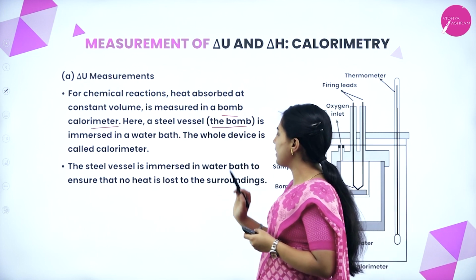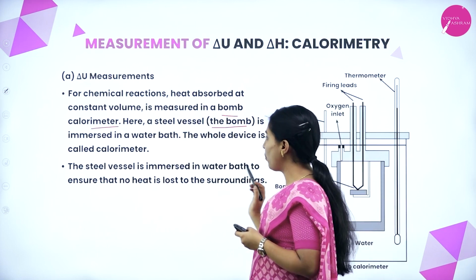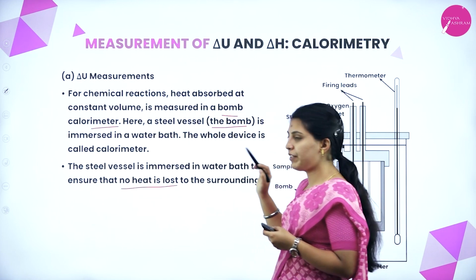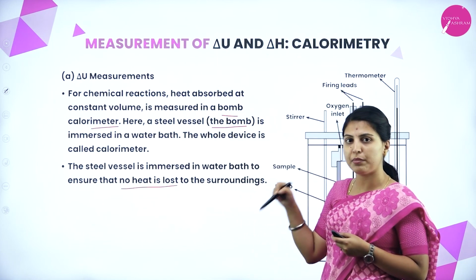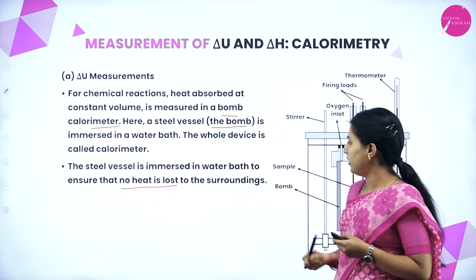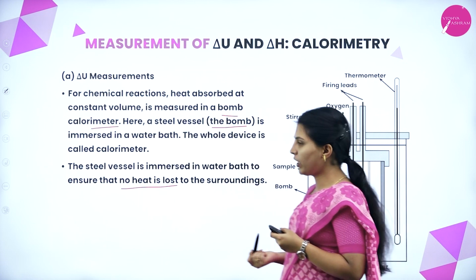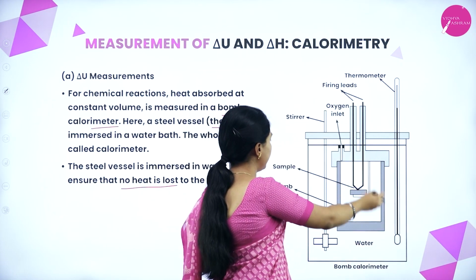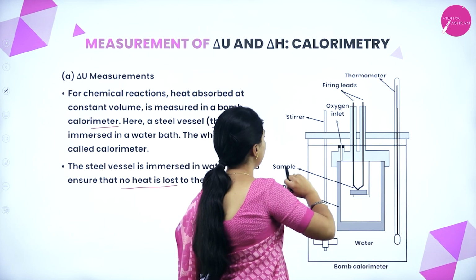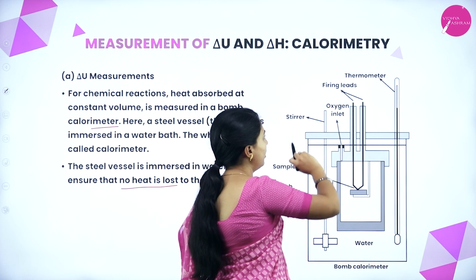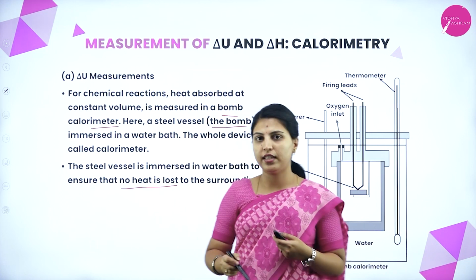The steel vessel is immersed in the water bath to ensure that no heat is lost to the surroundings. Whatever heat is present inside the calorimeter should not be lost to the surroundings.